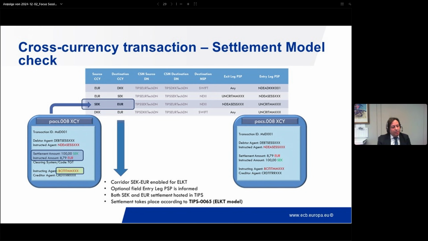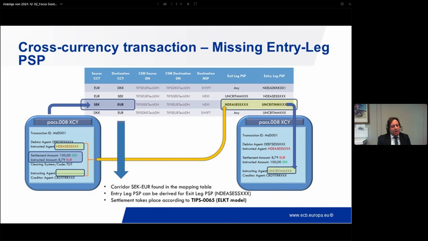The next example is a bit more complex. In the next slide, we have the same scenario in terms of pair of currencies, but the instructing agent field is not informed since the beginning. And this is possible due to the optional tag defined at the level of PAX8.